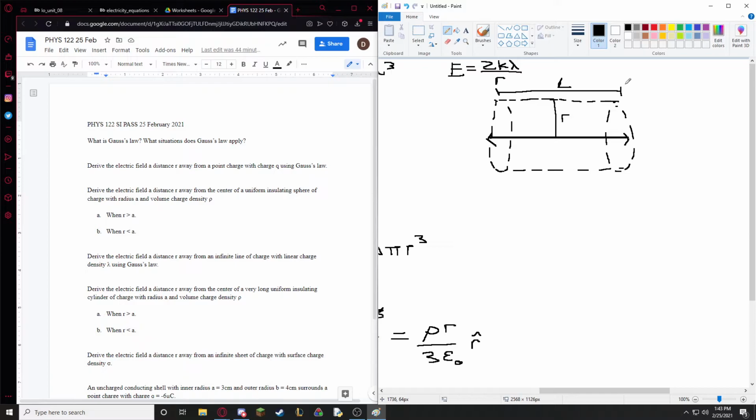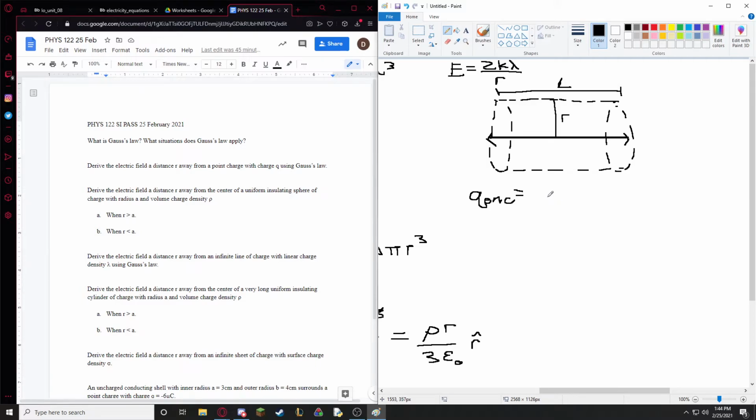So we have our Gaussian surface, and first of all, we want to know what's our total enclosed charge inside our Gaussian surface. So we want to know what our Q enclosed is going to be. What's our charge density for our line of charge again? Lambda equals charge over length.